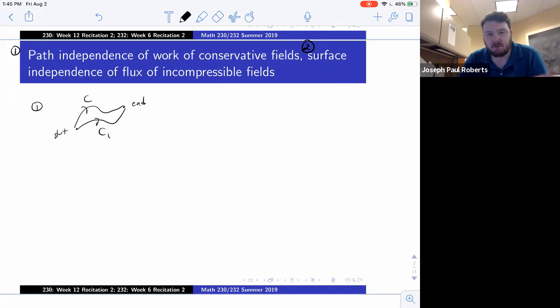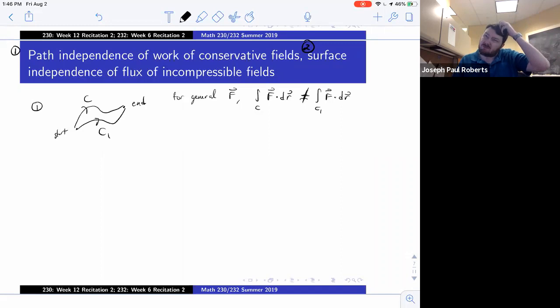For most vector fields, for general F, the work of F on C is not equal to the work of F on C1. So if you want to think about it, friction is more complicated since friction depends on velocity, but intuitively you should know that if you have non-conservative forces, the work done depends on the path that you take.